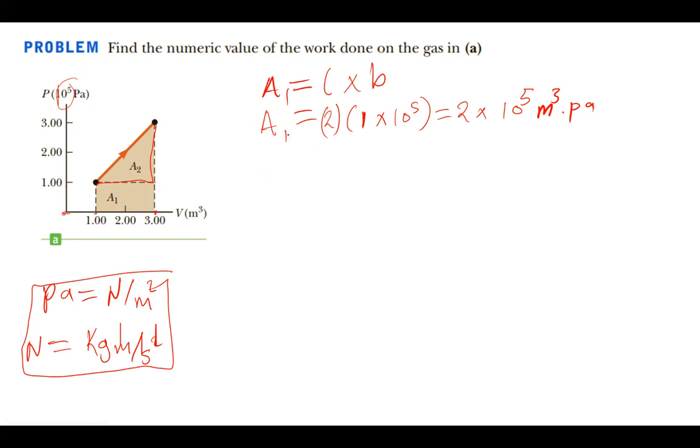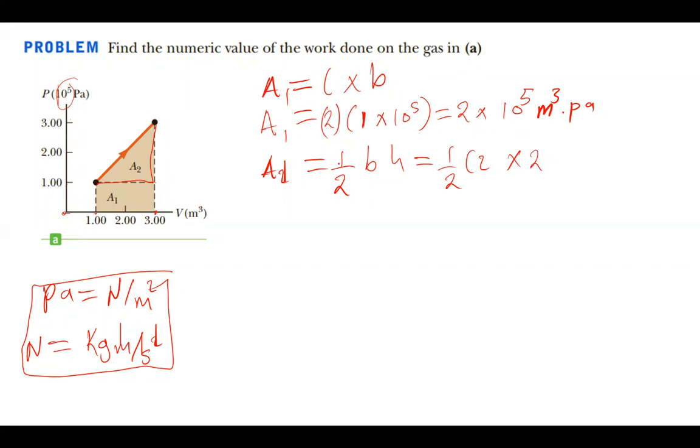So area 1 is equal to that. And then let us also find area 2. Area 2 is a triangle, a right angle triangle, so we can find the area as half base times height. The base there is 3 minus 1, which gives us 2, and the height is also 3 minus 1, which will also give us 2.